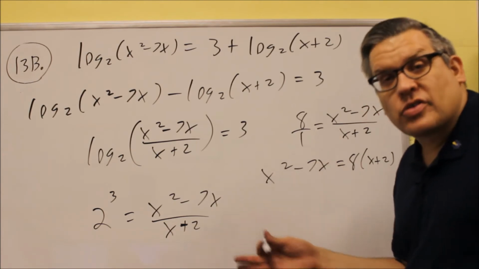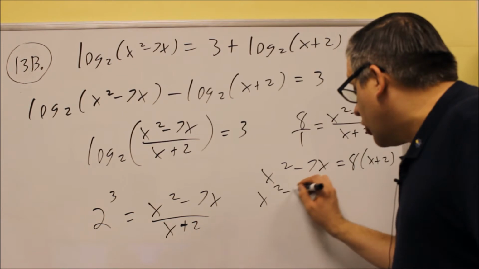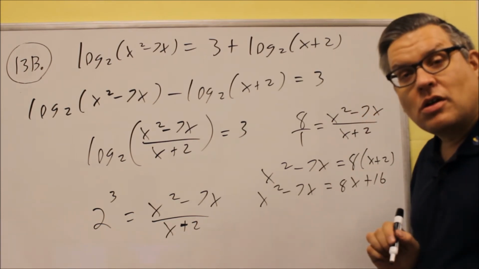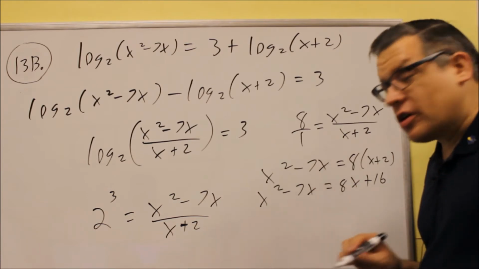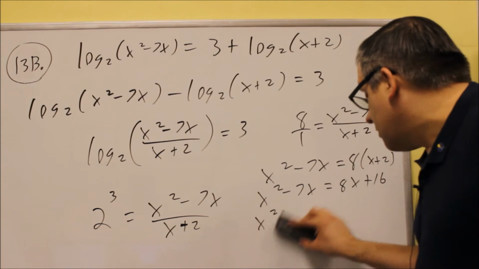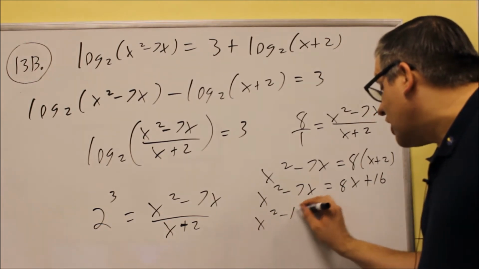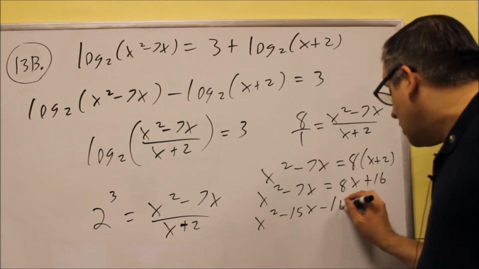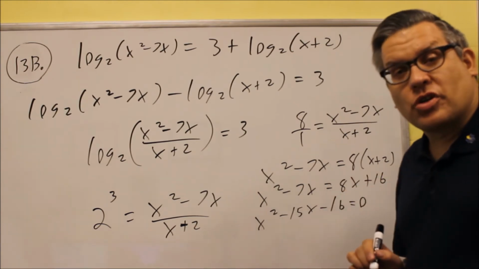We get it to 0, so then you can factor it. X squared minus 7x is going to equal 8x plus 16. And then when you bring everything over and set it equal to 0, you're going to get x squared minus 15x when you subtract the 8x over. And then subtract the 16, and you'll get this equals 0.